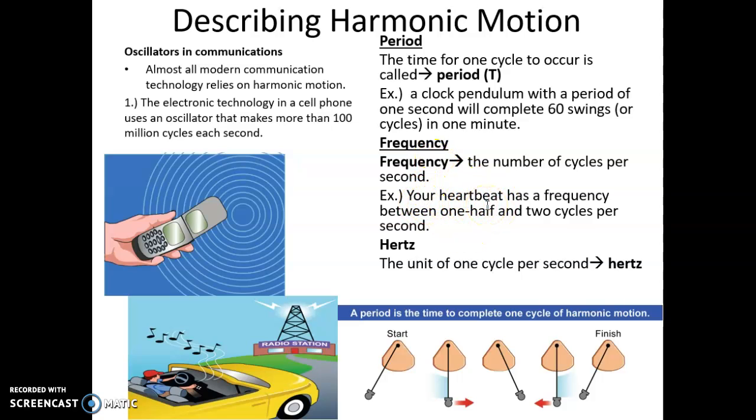Your heart will beat 1.5 to 2 cycles every single second. Okay, we measure frequency in the unit of hertz. And then I didn't put it here, but we abbreviate frequency with the lowercase, italicized letter f.